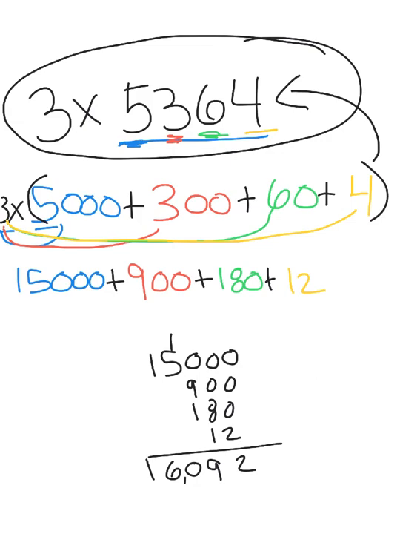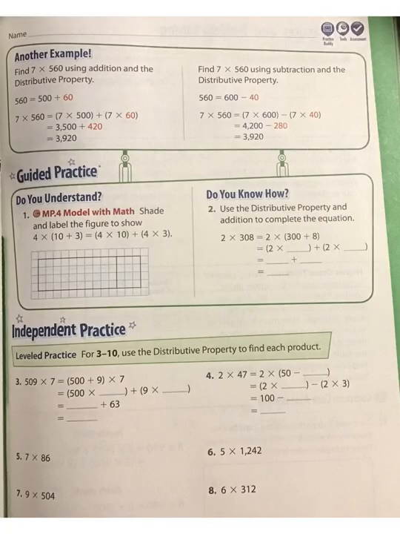It is much easier when we are able to break apart our number by using the distributive property and multiply the 3 times each of the partial parts of 5,364.